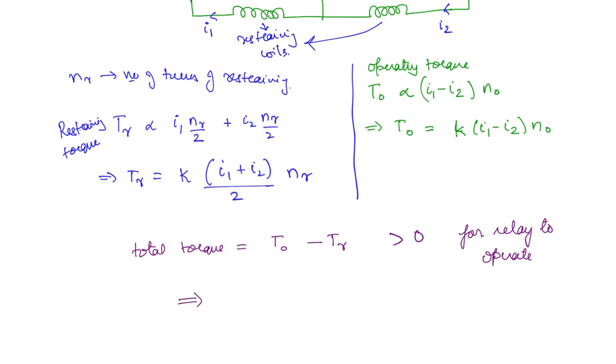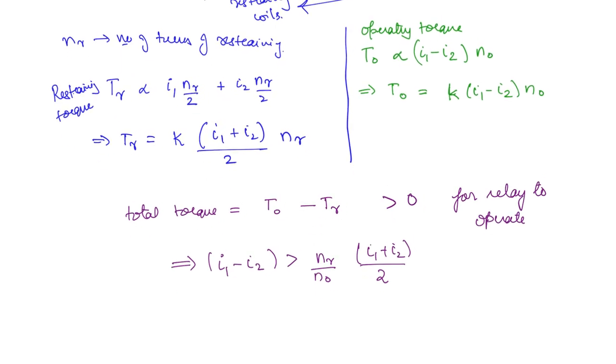If you substitute the corresponding values here, you get I1 minus I2 should be greater than NR by N naught into (I1 plus I2) by 2. You can see that I1 minus I2 is the current through the operating coil, so it should be greater than a certain value. Only then is the relay going to operate, otherwise it will not.